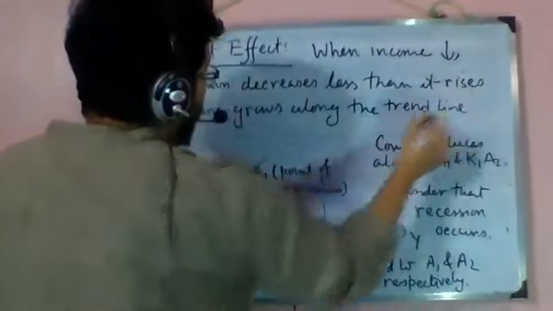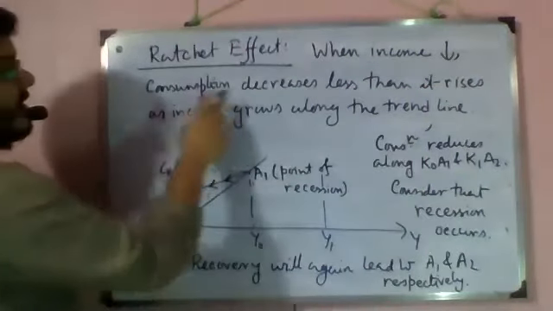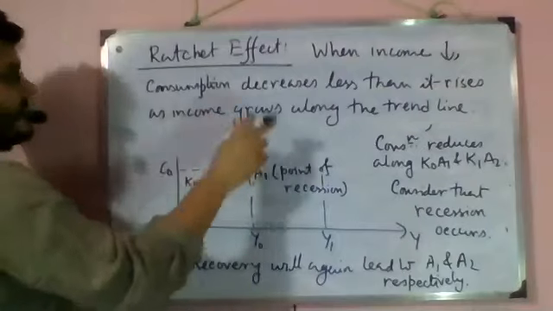So going at it again, when income decreases, consumption decreases less than it rises as income grows along the trend line.